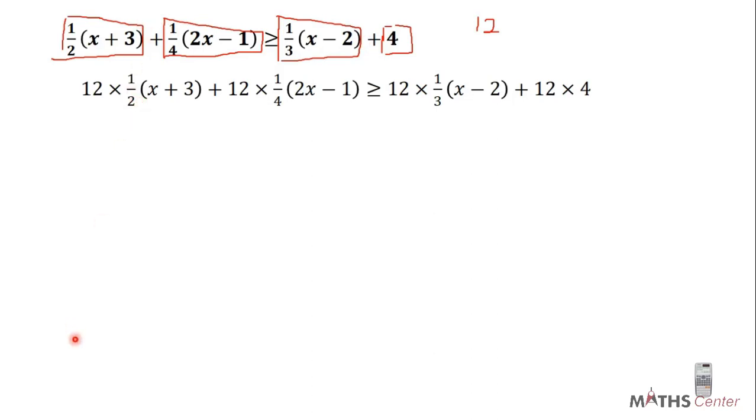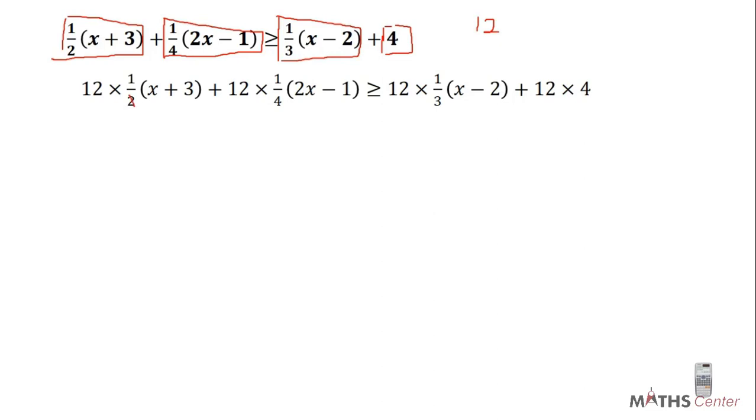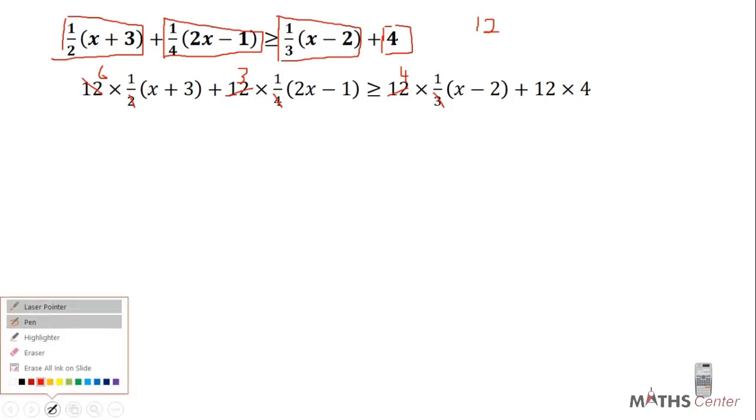So here we do our cancellation, which means that 2 will cancel 12 6 times. Now 4 will cancel 12 3 times. Then 3 will cancel 12 4 times. So the fractions are all cancelled out. Now we move on with our simplification.